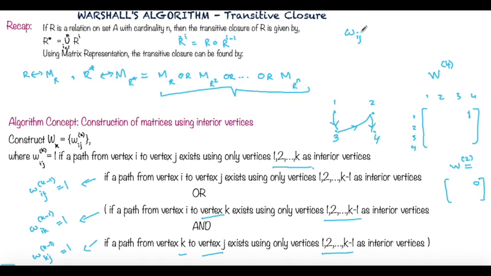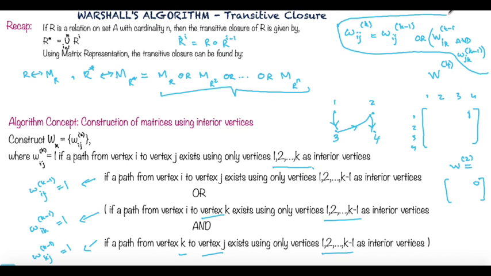We say w_ij^(k) is equal to w_ij^(k-1) or w_ik^(k-1) and w_kj^(k-1). So this is what we are trying to get at, and this is the core of Warshall's algorithm.